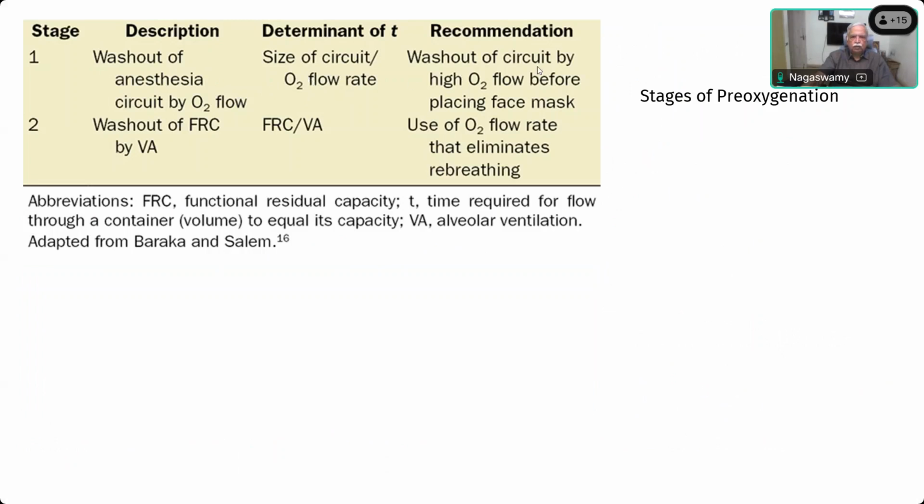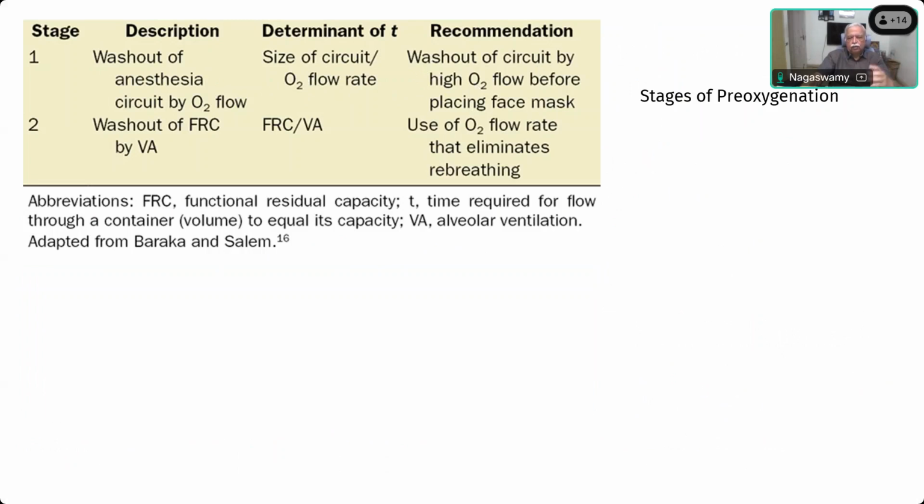And once you wash out the circuit with a high flow, then before placing the mask, you can remove the air from the circuit faster. So you can use the oxygen flush without taking the mask to the patient's face. You can keep it open and then use the oxygen flush.